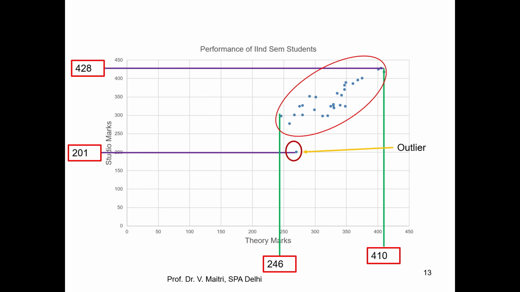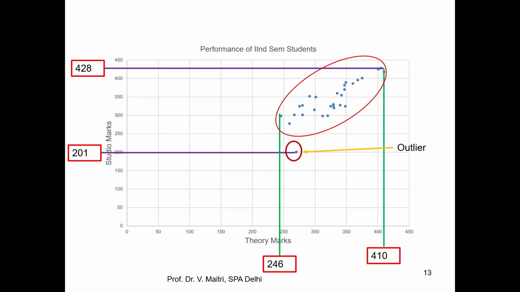So by this analysis, faculty very easily can take a decision, should we pay more attention to this boy or not. That's how the scatter diagram is communicating to us.